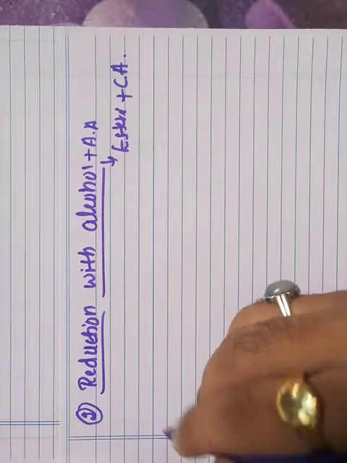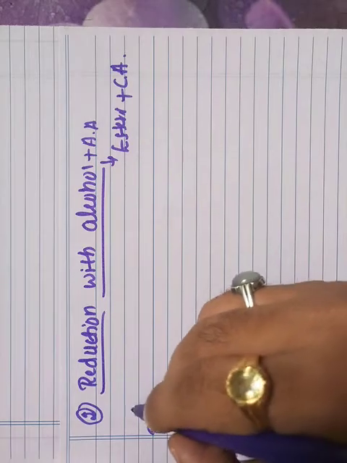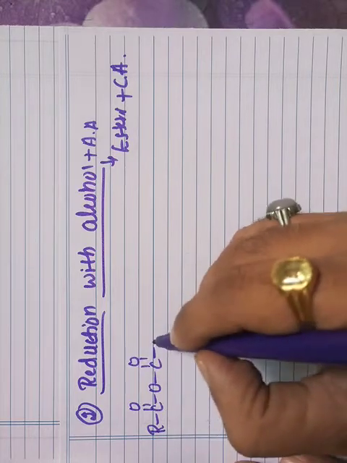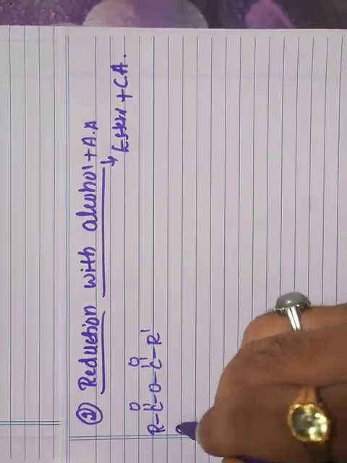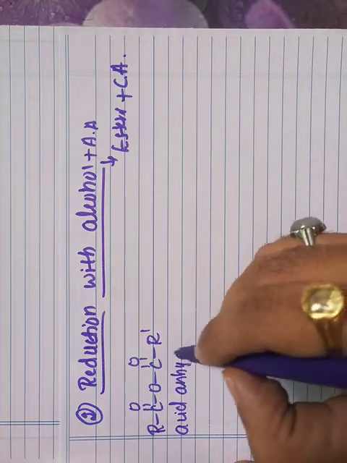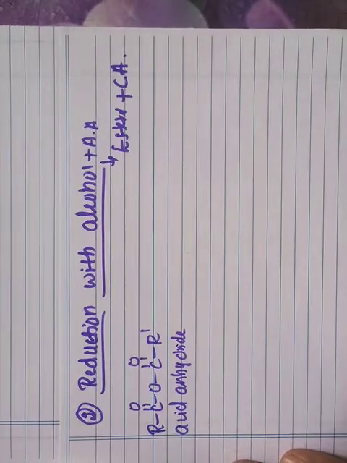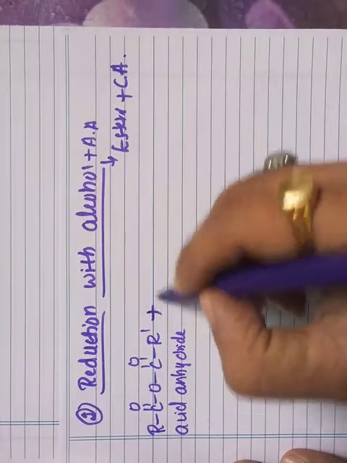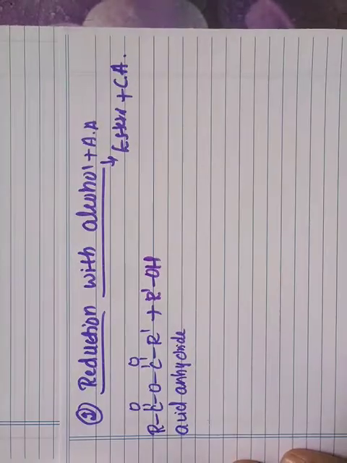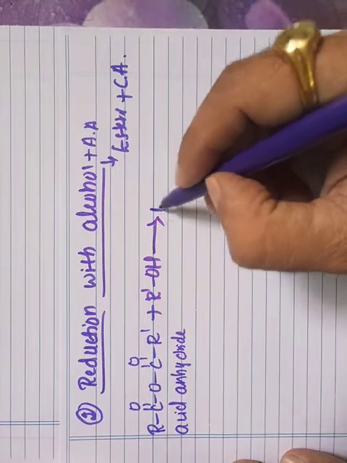So let us write its general reaction. So this is acid anhydride plus alcohol. So they will form an ester and a carboxylic acid.